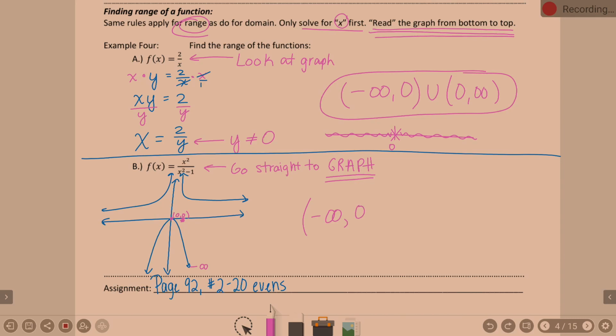So that upside down parabola goes down to negative infinity, up to 0. Does my graph touch 0? Yes, it does, because up there on my trace, I see 0, 0. It's the vertex of that parabola piece. So I'm going to use a bracket. And then we're going to union.